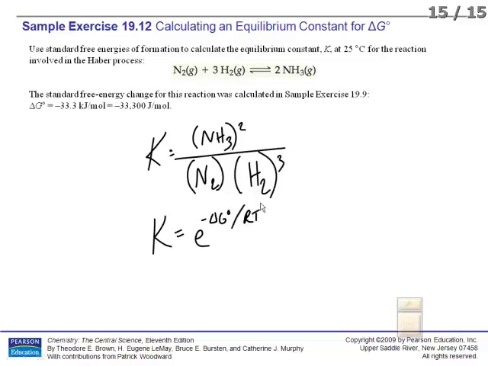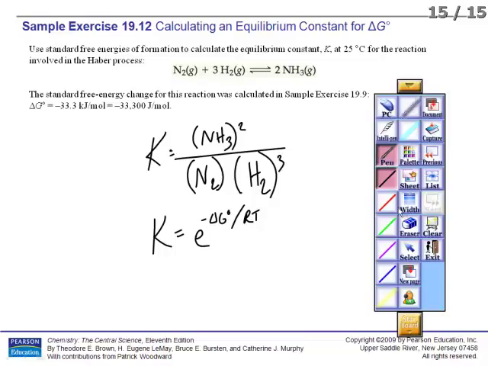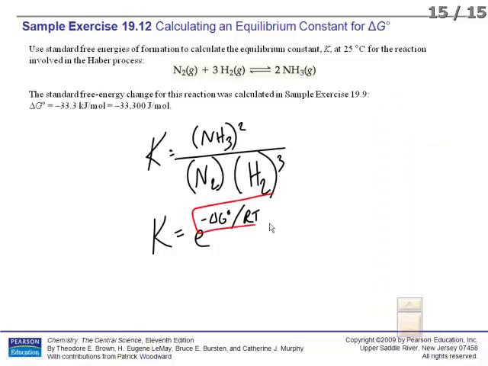Alright, so all we have to do is start plugging in these numbers. If I were you, I would tackle this by trying to solve for this number first: negative delta G standard over RT. For us, they already gave us delta G is negative 33.3 kilojoules per mole.